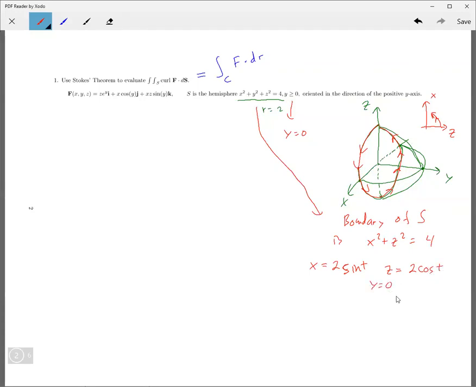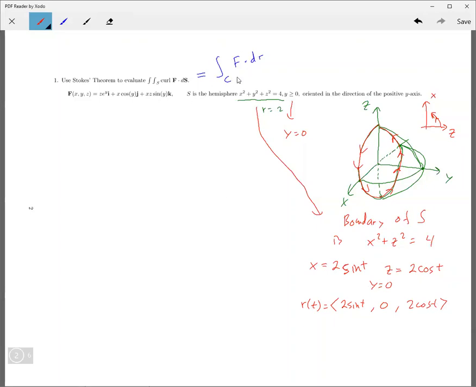That's why you can't just swap the x and y, because you have to worry about which way it's oriented. So 2 sine t, 0, and 2 cosine t. So that was the parameterization.